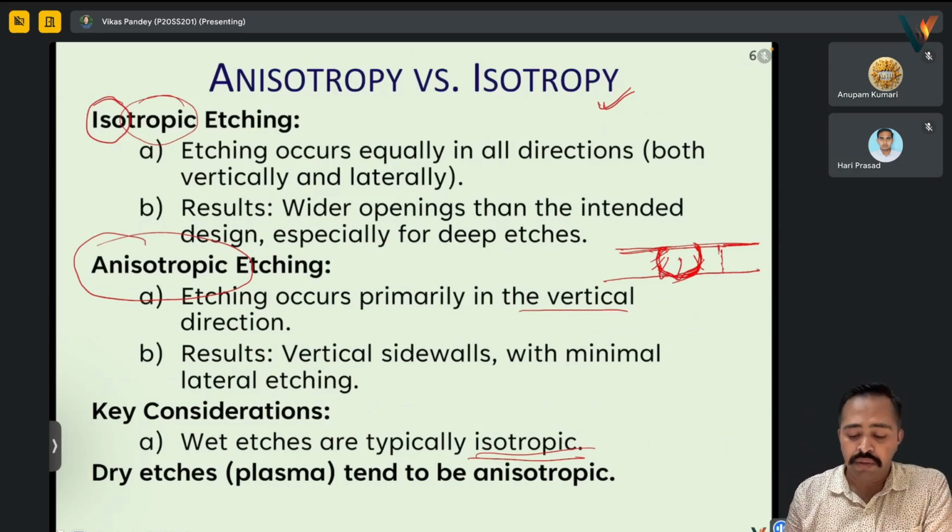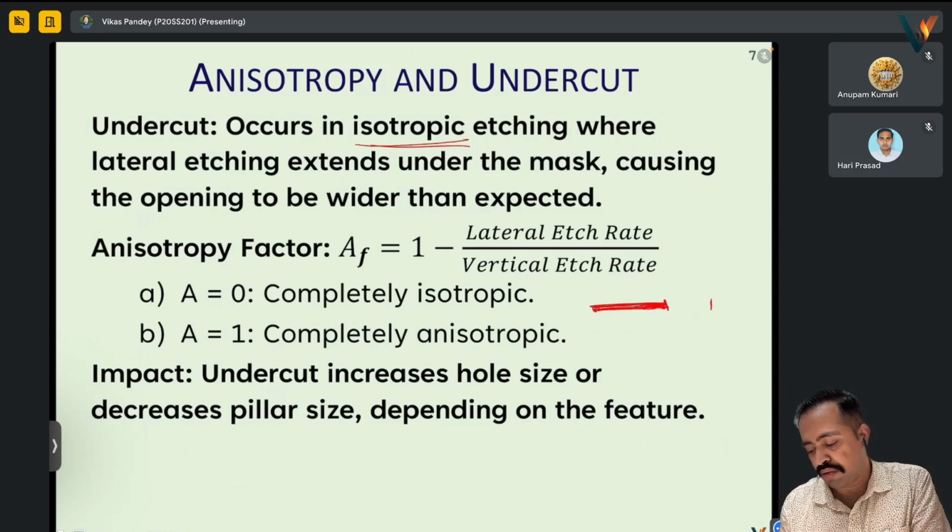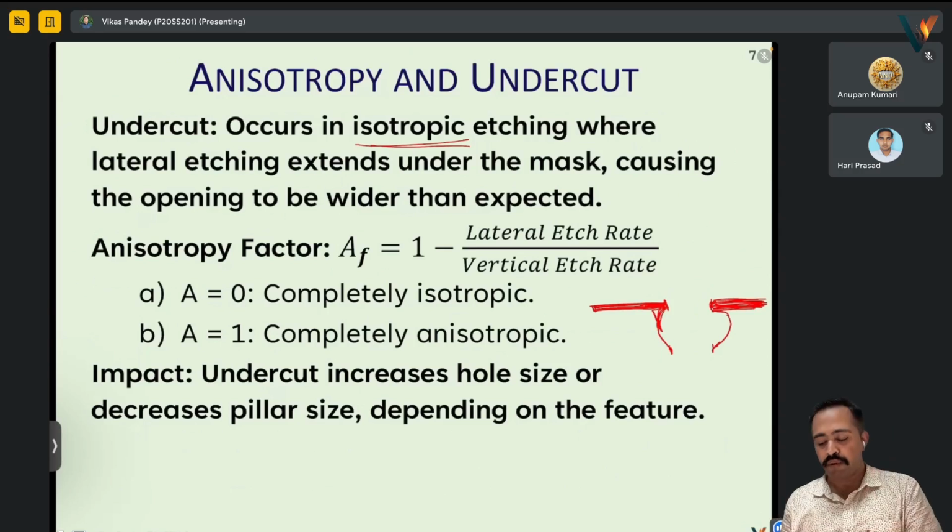When we are talking about isotropic etching, this is the mask that is covering the area that we don't want to be removed. If it is isotropic etching, it will have some undercut, something like this, because if we have to reach this thickness at the bottom of our etch profile, there will be some undercut.